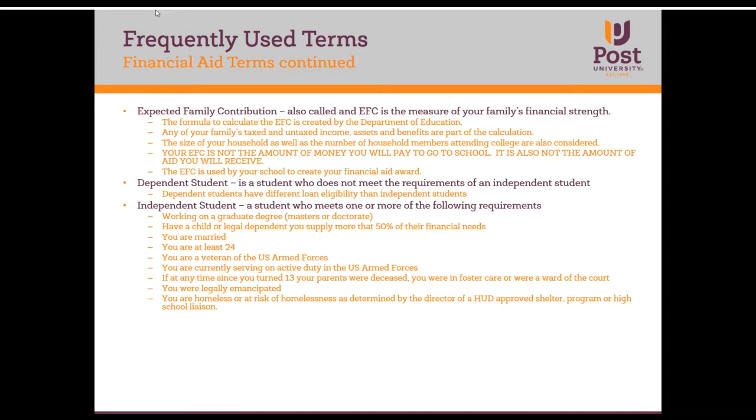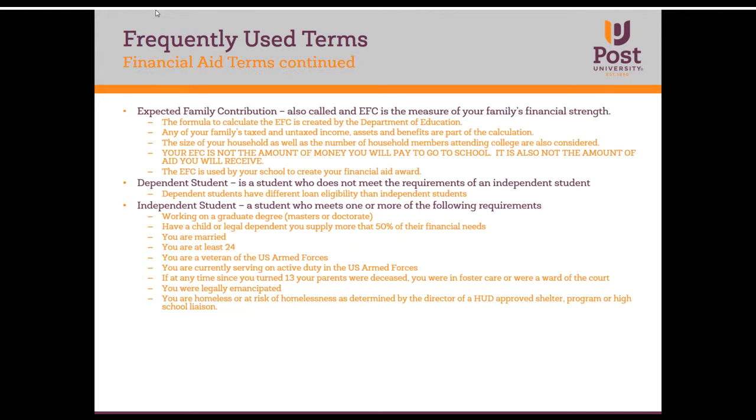If you're married, if you're a veteran, if you're on active duty with the military, those are all other situations that would make you an independent student. At any time since you turned 13, if your parents passed away, or if you were placed in foster care, if you were emancipated, if you were in court, those are all other reasons.